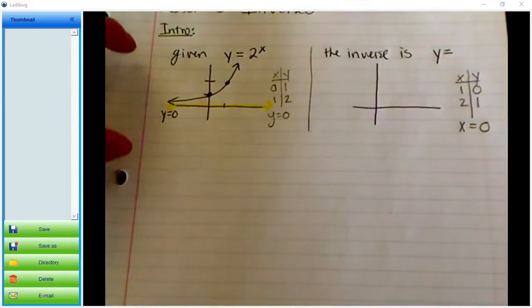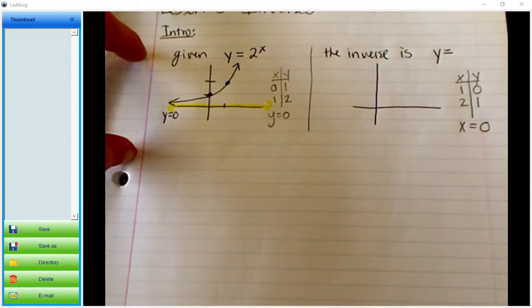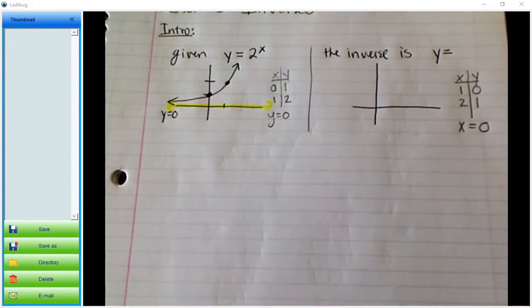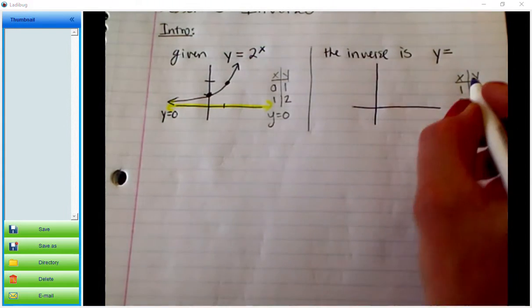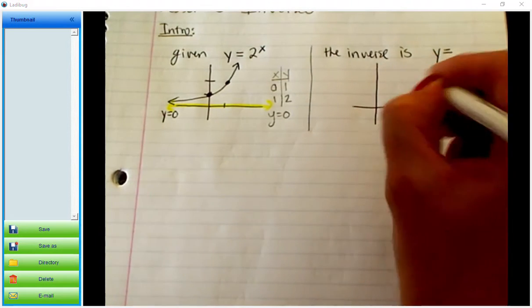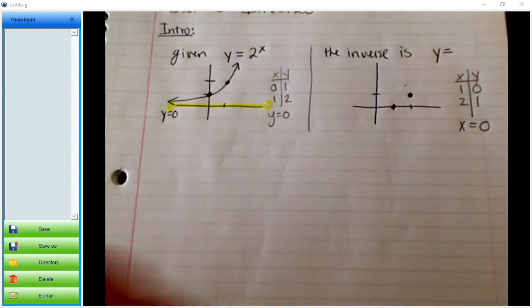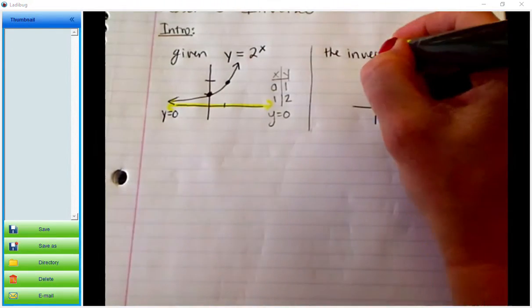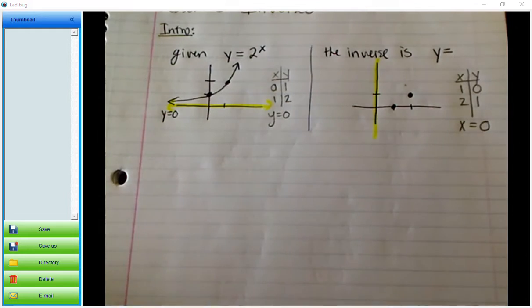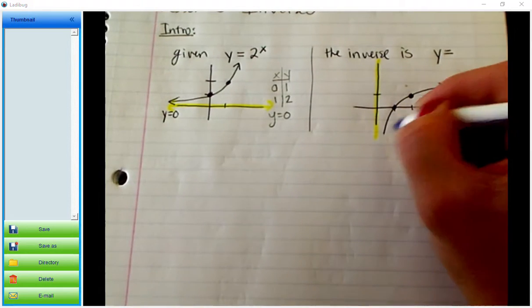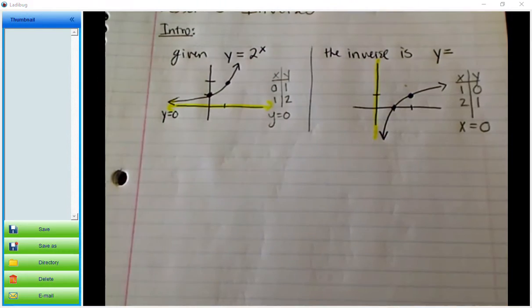And so I'm starting with what I know in an exponential graph, and I'm switching the information to create the inverse graph. Well, it's a log graph.